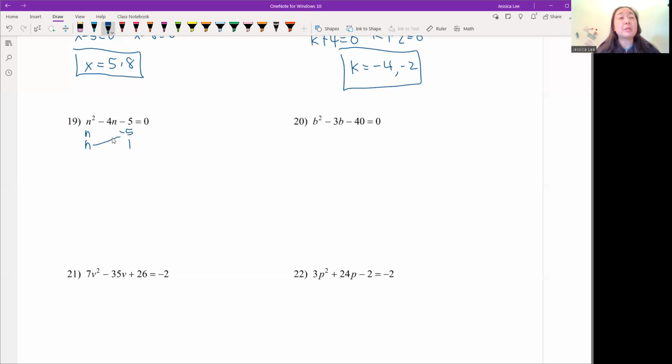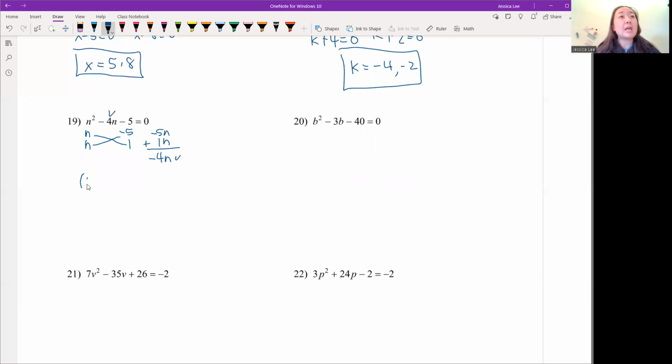Again, here's the cross multiply part: n times -5, which is -5n, and 1 times n, which is just 1n. And when we add them up together, that's going to give us that -4n, which is that middle term right there. I've been just skipping this part right here because I don't have any coefficients that I need to check.